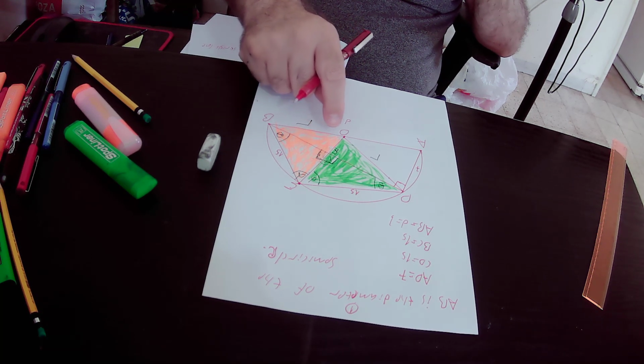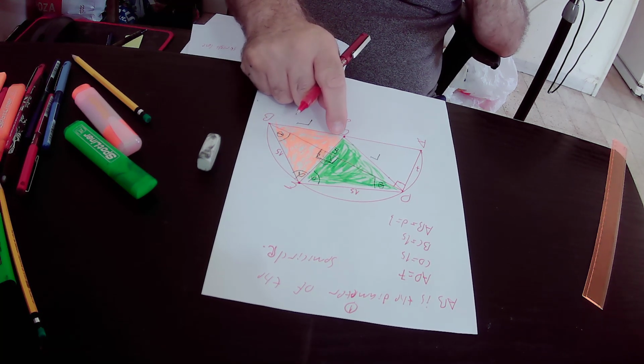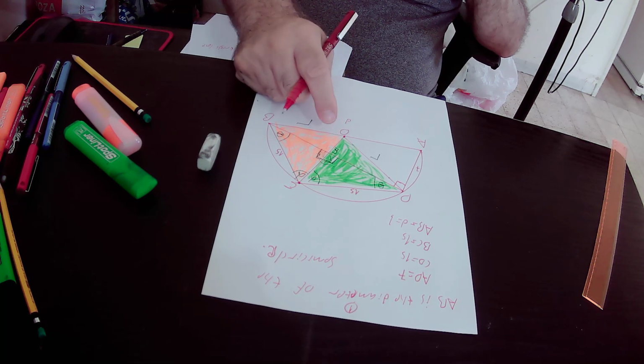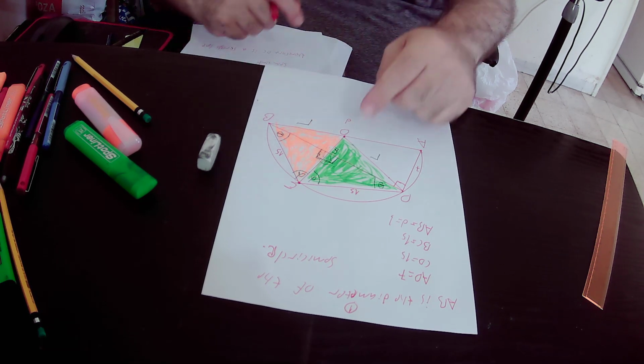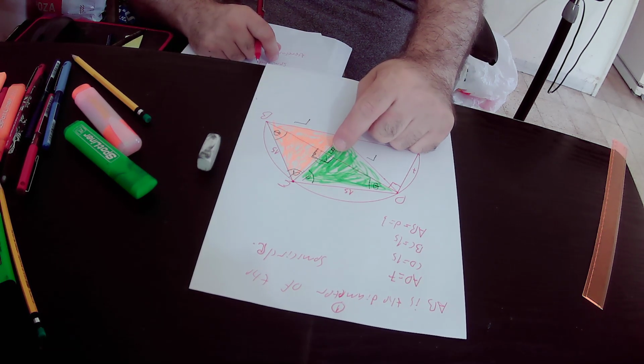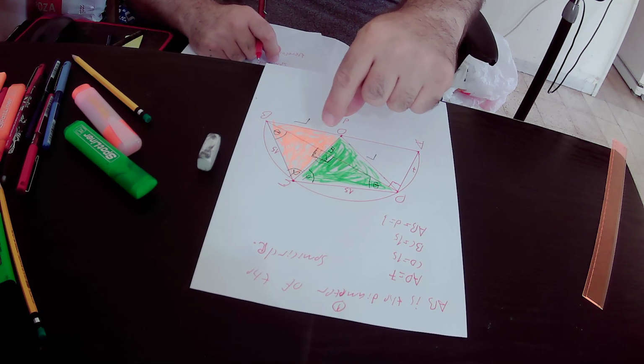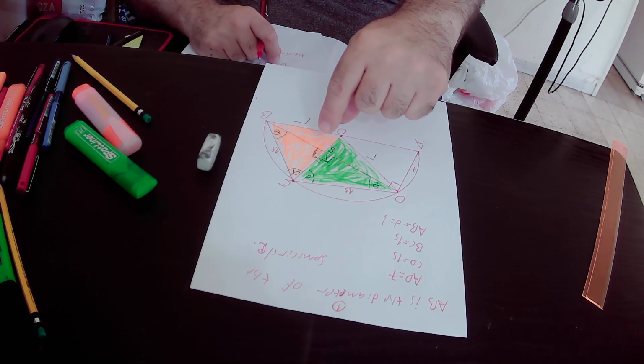So if we focus on point E, on the left side only, the sum of the angles at point E on the left side will be equal to 180 degrees.